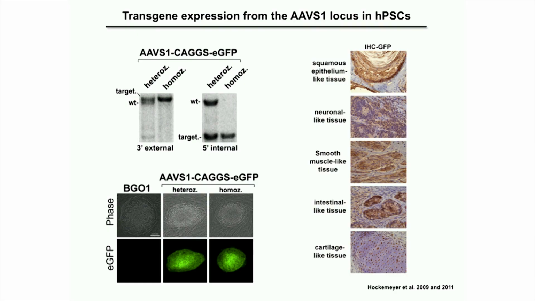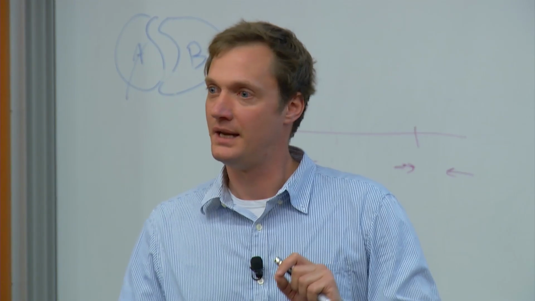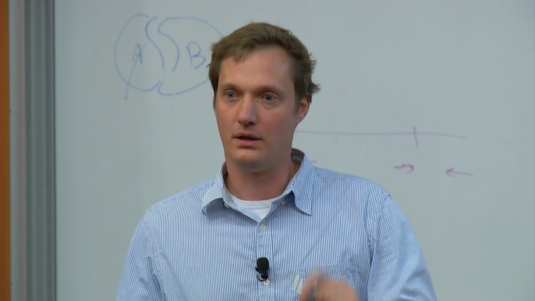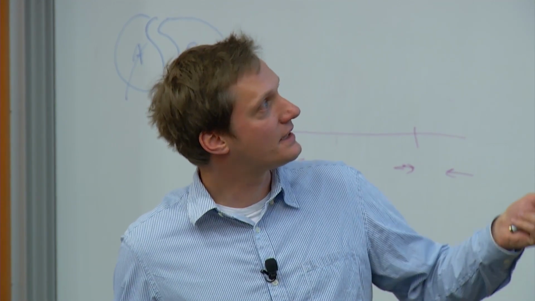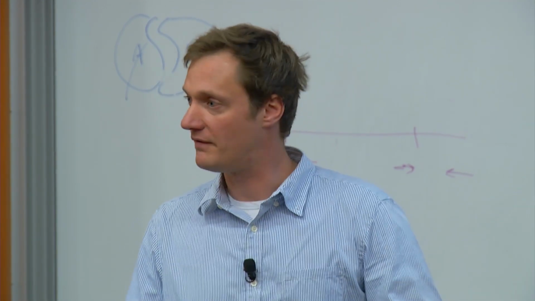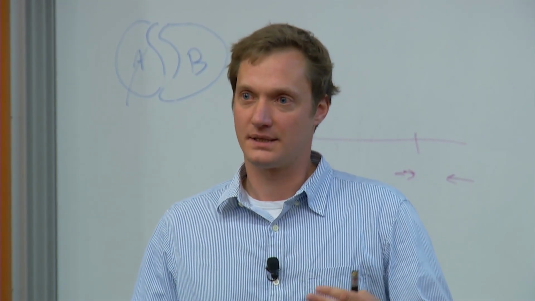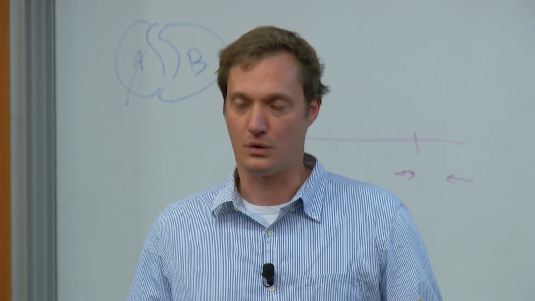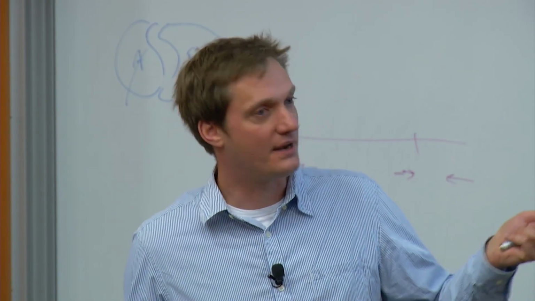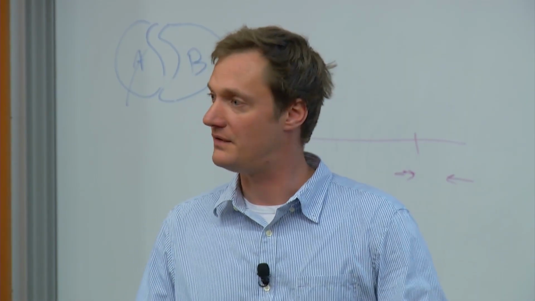And we made a very important observation: targeting this locus in human ES cells results in a uniform expression of this exogenous cassette. All cells express equal or very similar amounts, indicating that there are very few variegation effects, very few silencing effects.